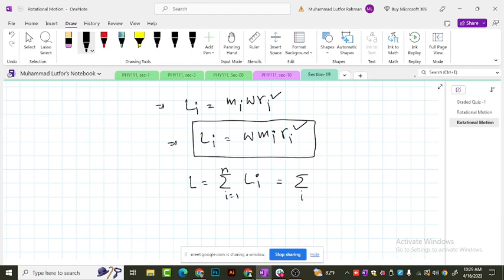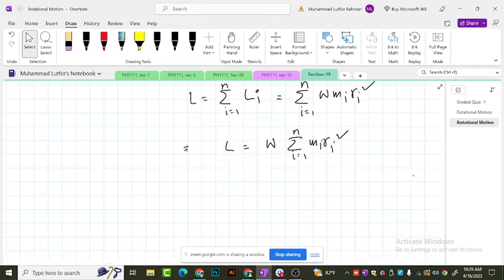Plugging in, it is the sum of omega mi ri square. I can factor out this omega because it is constant, leaving the sum from 1 to n of mi ri square. Now what is that mi ri square?